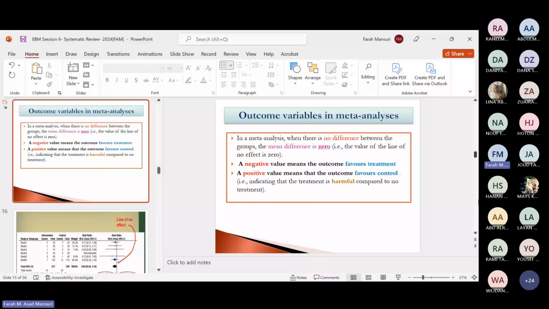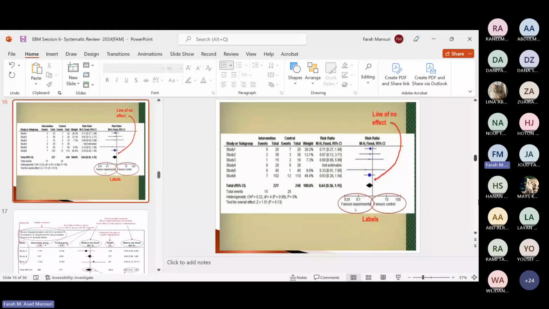So another forest plot. This forest plot is again of the risk ratio, where the results are given in the form of binary data. You can see that there are 6 studies, and this is the line of no effect.